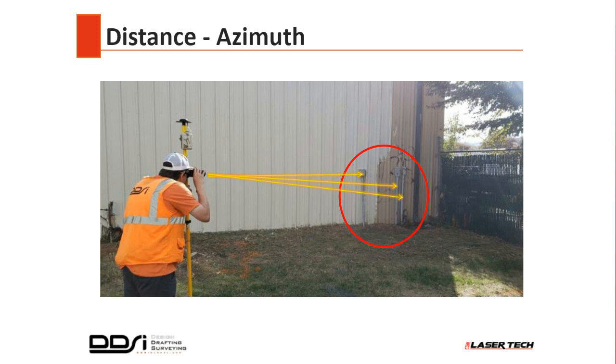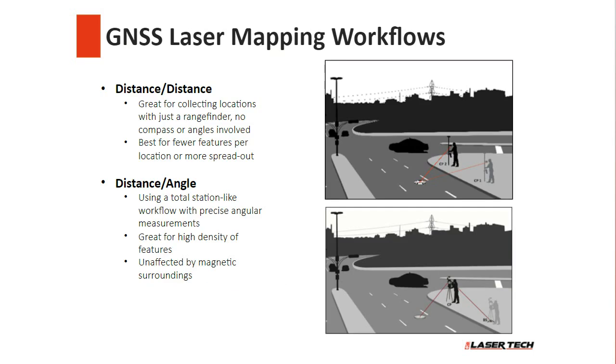Yeah. Exactly. So a couple of the other workflows that are available using the laser offset method. One here is distance, range, distance, whatever you want to call it. You're essentially measuring distance to the object from two known locations, kind of like we did for the azimuth routine.